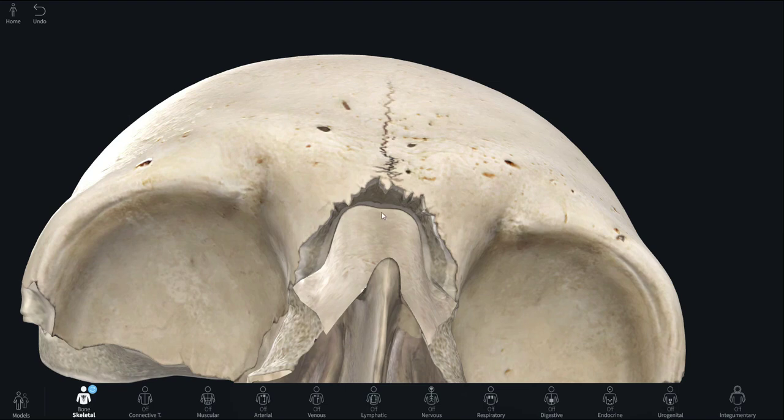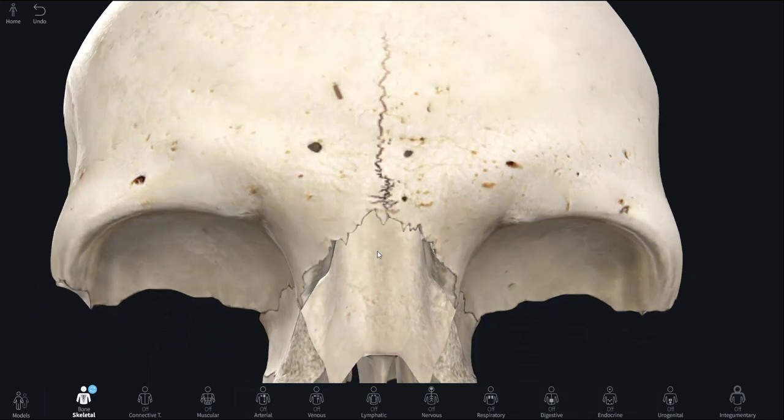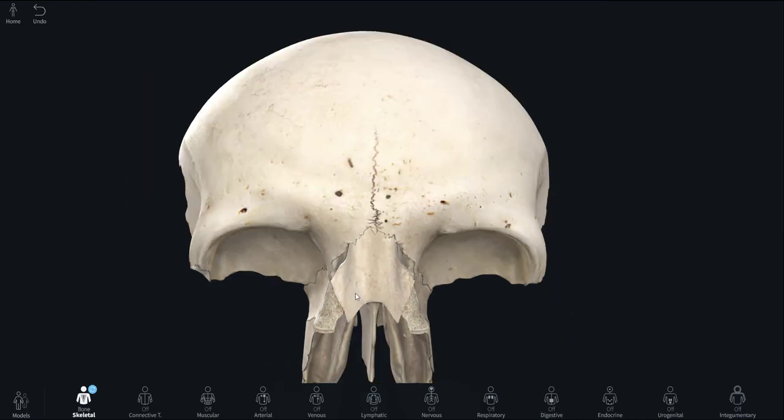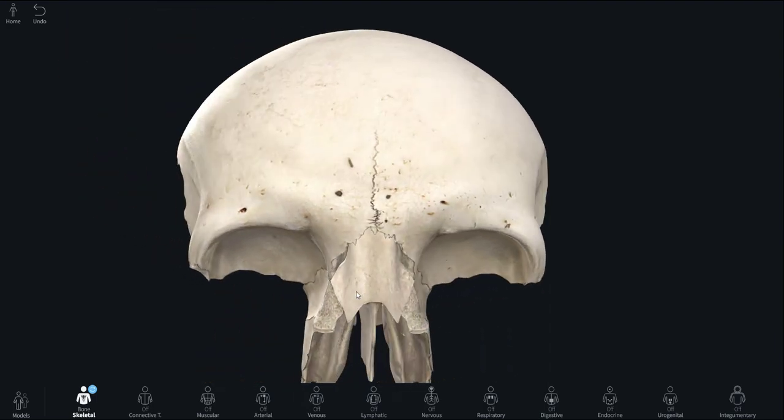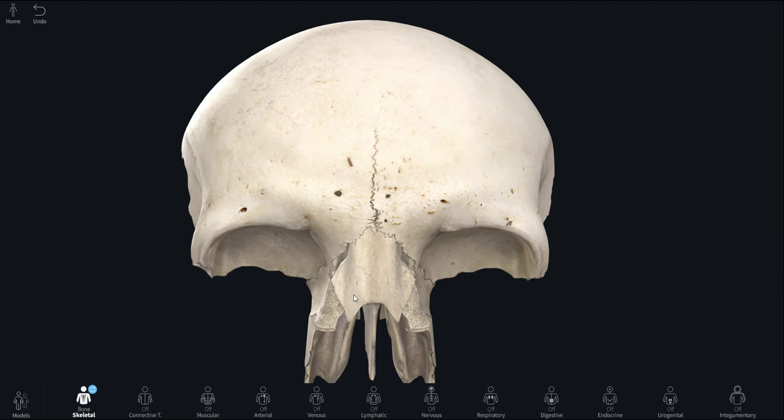Otherwise I could have shown you that the perpendicular plate of the ethmoid bone is lying just below the nasal spine. So that is something I would have shown you, but you can well appreciate that from this model also, kind of, right? Okay, so that is about the nasal notch of the frontal bone.